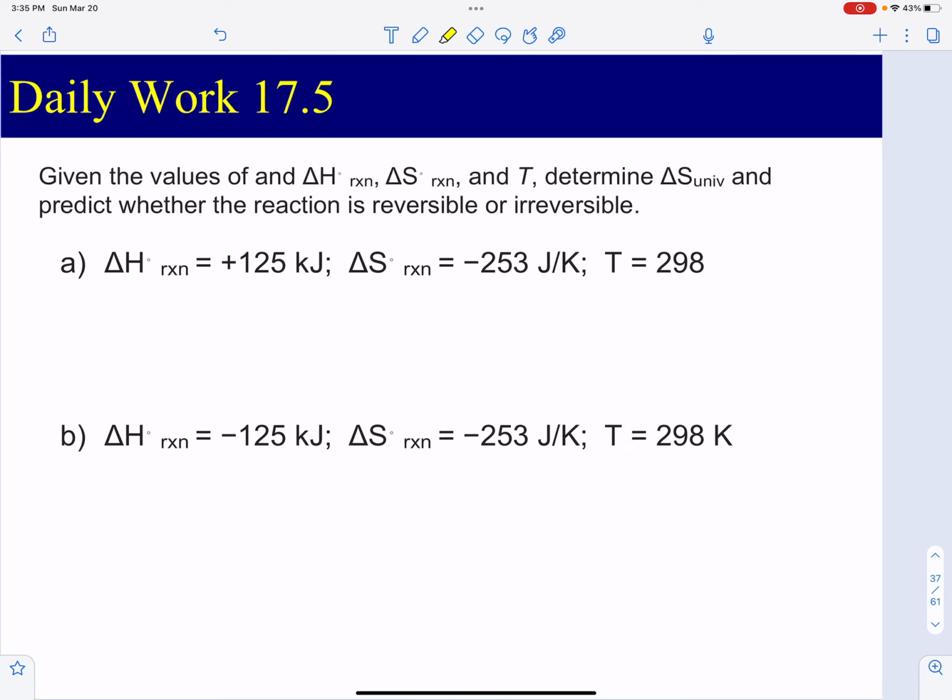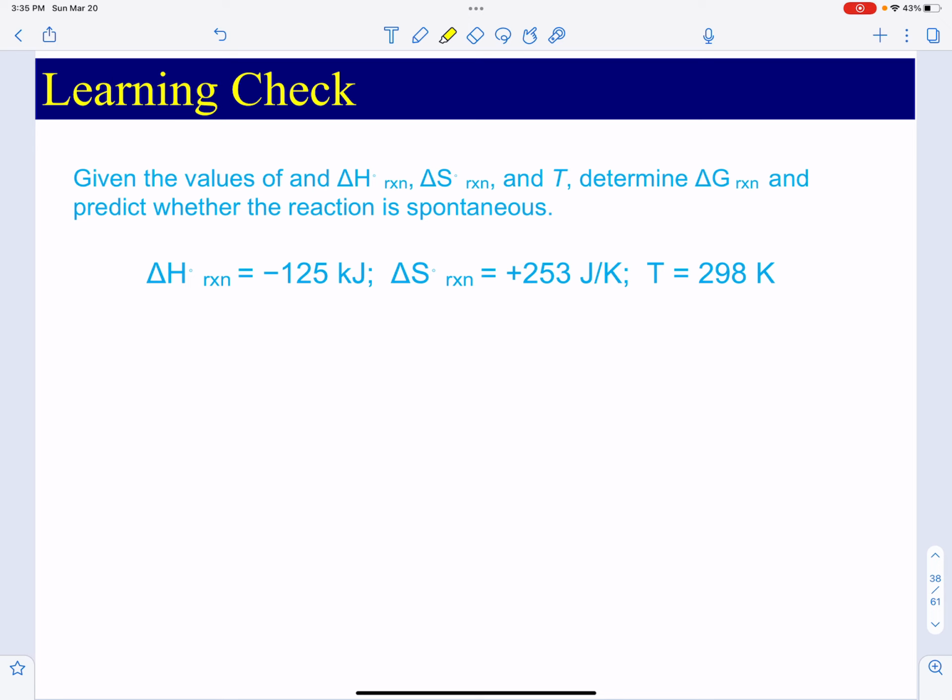And we can move to the next topic, which is going to be: given the values of enthalpy, entropy of the system, and the temperature, determine the Gibbs free energy.